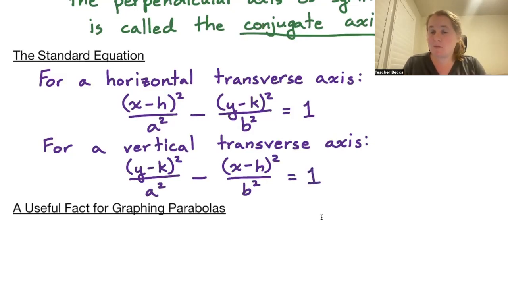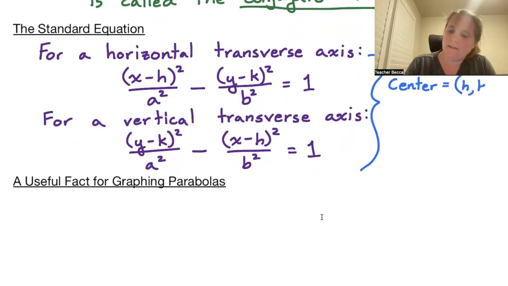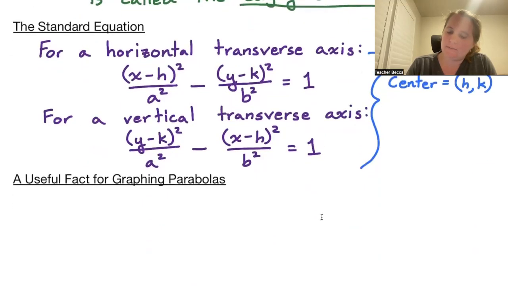This looks very similar to the ellipse equation. The big difference here is that instead of addition, we now have subtraction. Our center for both of these is (h, k). Our c is the distance from the center to the focus.